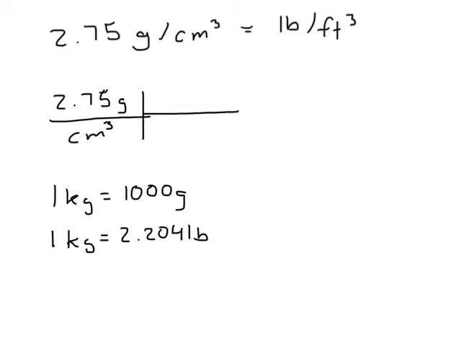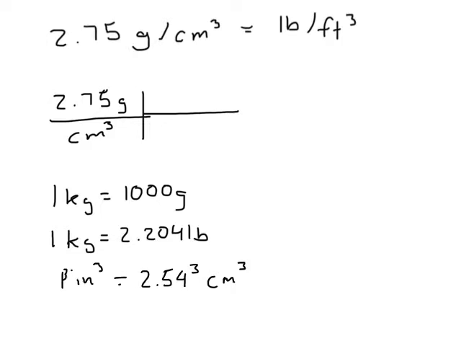And my volume unit, we already discussed that 1 inch cubed equals 2.54 cubed centimeters cubed. So I'm doing this the short way without having to write 2.54, 2.54, 2.54.